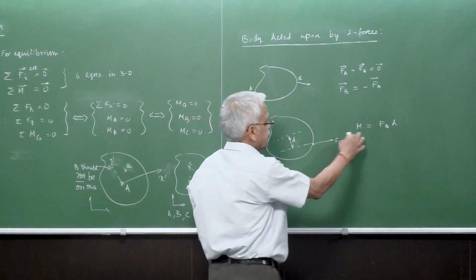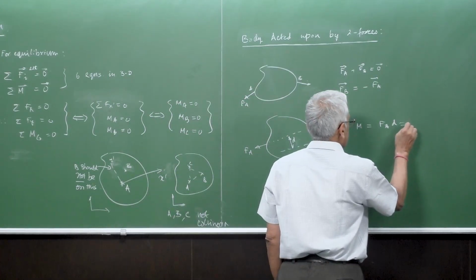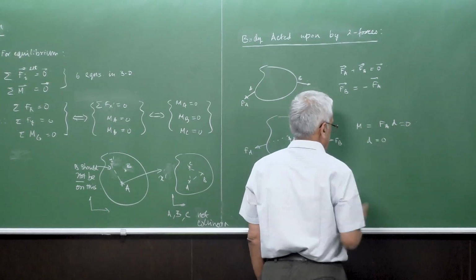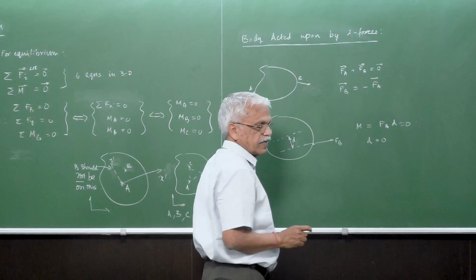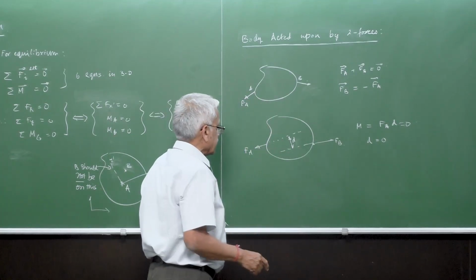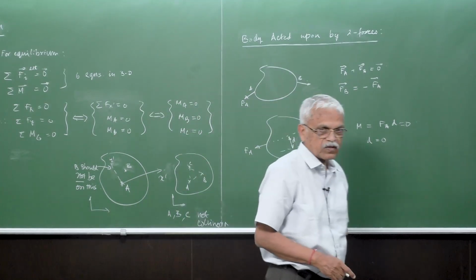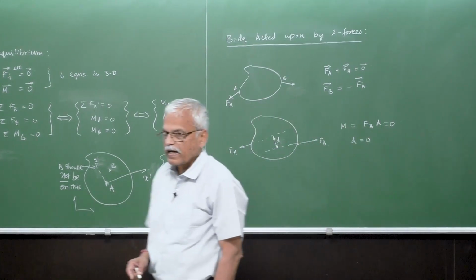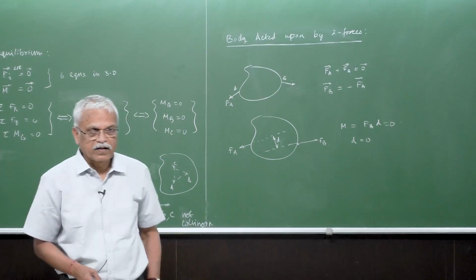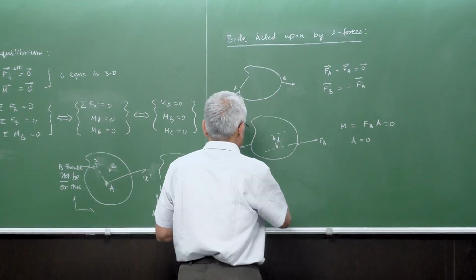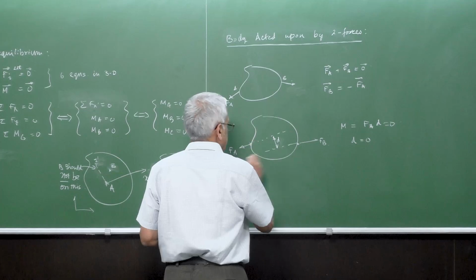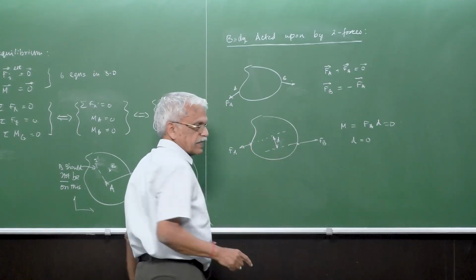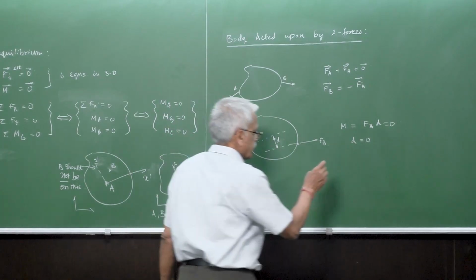If the moment has to be 0, then since Fa cannot be 0, the distance d has to be 0. So the forces should be equal and opposite as well as in line.